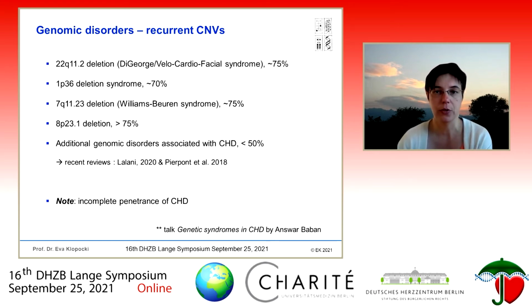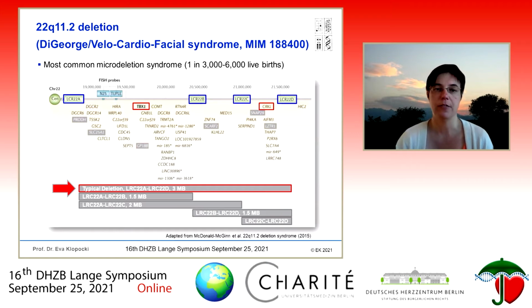Now I show a few of the common ones and start off with the most common microdeletion syndrome, which is the 22q11.2 deletion, also known as DiGeorge or velocardiofacial syndrome. And this is the region which is affected. You see here the low copy repeats marked where these recombinations occur. The typical deletion is approximately 3 megabases, and this is the one where we also have the classical phenotype of DiGeorge syndrome.